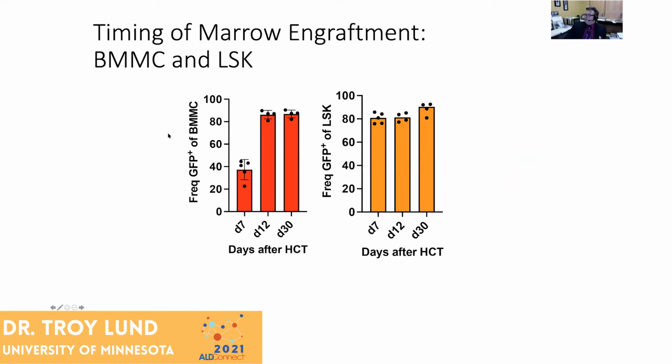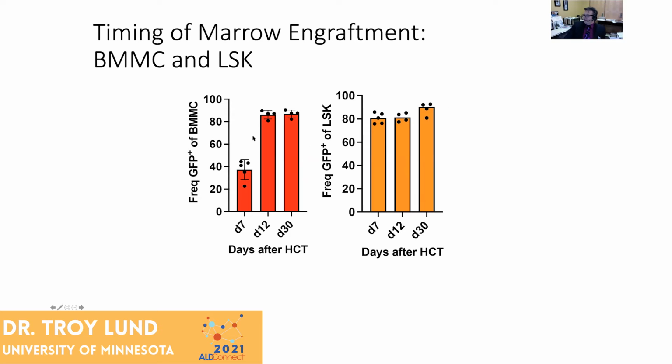If we look in the bone marrow now, we can look at the high-level bone marrow mononuclear cells, BMMC, fully engrafted by day 12, and again day 30, partially engrafted by day 7. If we dig into the refined stem cell populations of your bone marrow called LSK, they engraft pretty robustly about a week after the transplant and then stay engrafted.